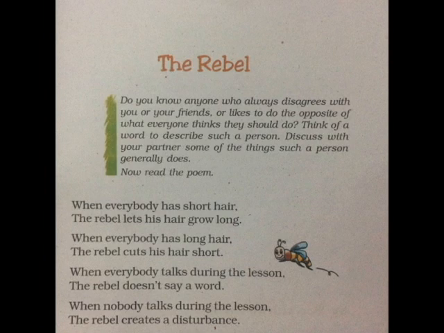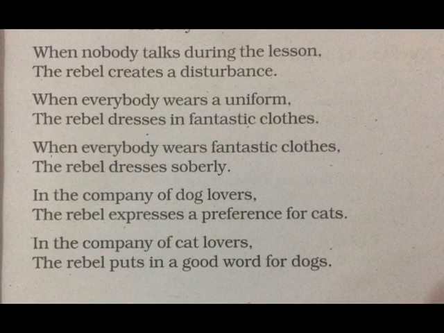Then stanza 2. When everybody talks during the lesson, the rebel doesn't say a word. When nobody talks during the lesson, the rebel creates a disturbance. In these lines, the poet re-emphasizes the rebellious nature of the rebel and how he rebels against others.